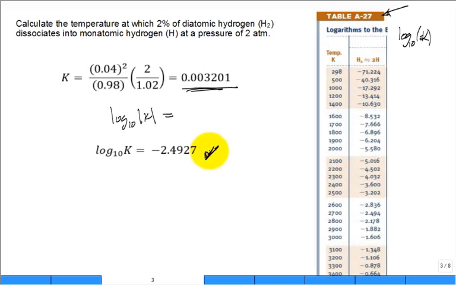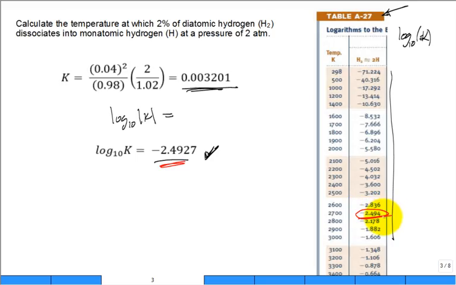Don't mess up coming into the final exam without refreshing your memory on how to do logs and so on. Can you see how it's negative 2.4927? And so I look down here for negative 2.49. You know what? Isn't that close enough?